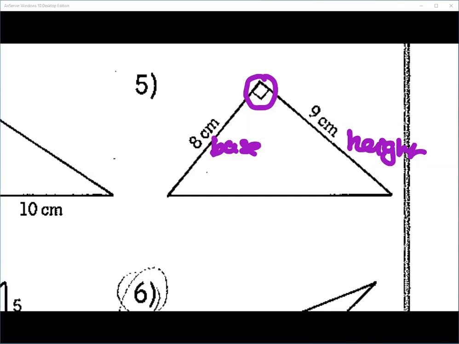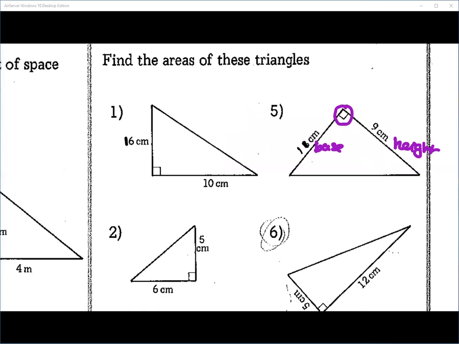Okay. So let me change the questions a little bit for you. Okay, so we're going to change that into 11. So we've got some questions for you guys. Try copy these diagrams out, label the diagrams, label your base and height, and work out. Number 5, 11 times 9. Yeah, that's the actual calculation.